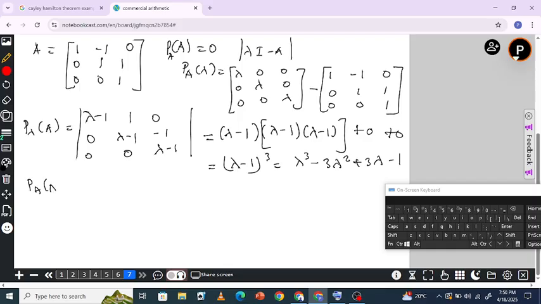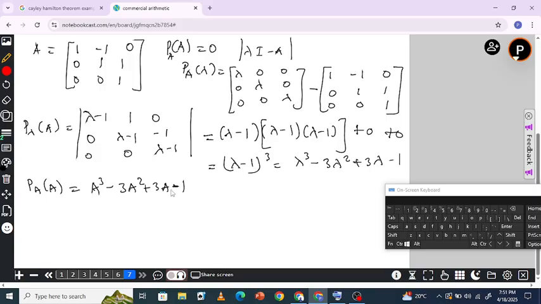But now when we apply the Cayley-Hamilton theorem, wherever we have a lambda, we replace it with A, so we will have A cubed minus 3A squared plus 3A minus 1. We are supposed to get A inverse.